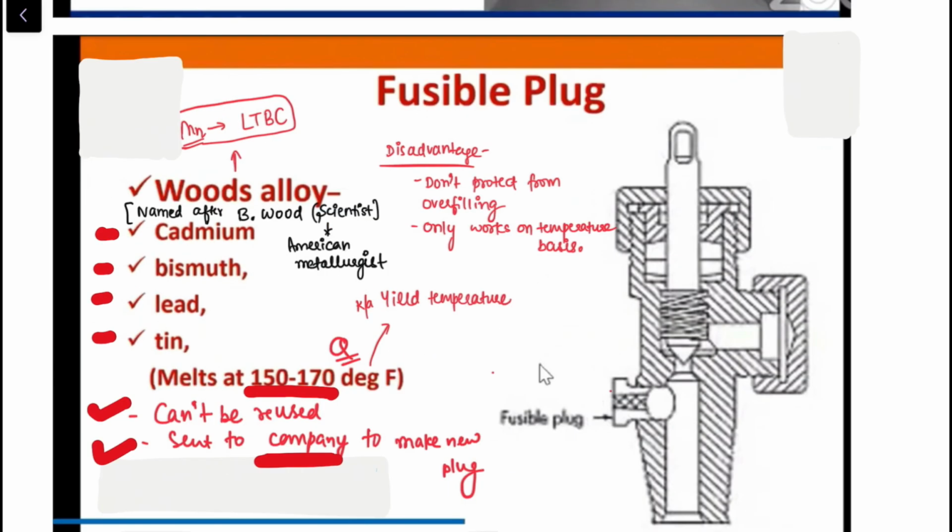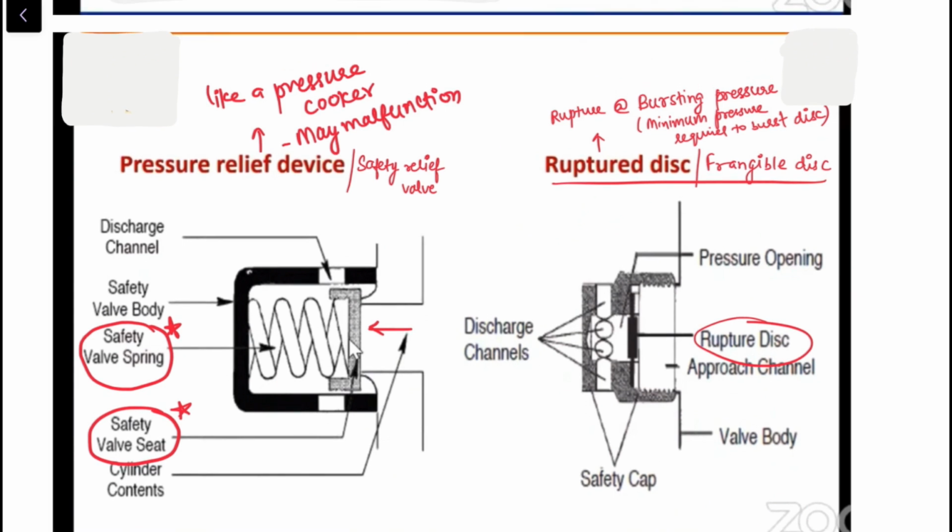Apart from this fusible plug, one mechanism in the modern cylinders is the pressure relief device, which is a spring loaded valve. This we have already read, it just releases the pressure if it builds. But the rupture disc, also known as the frangible disc, has a bursting pressure, that means the minimum pressure required to burst the disc.